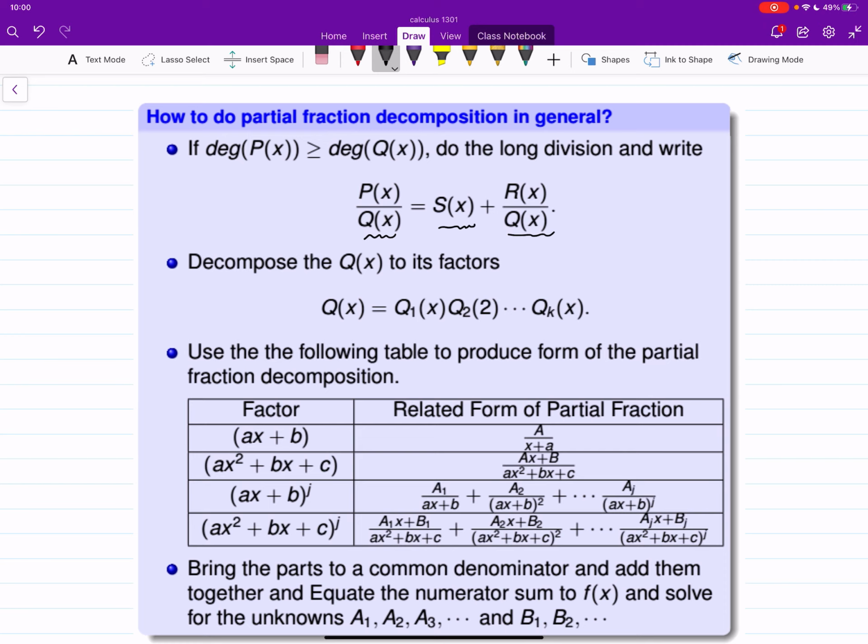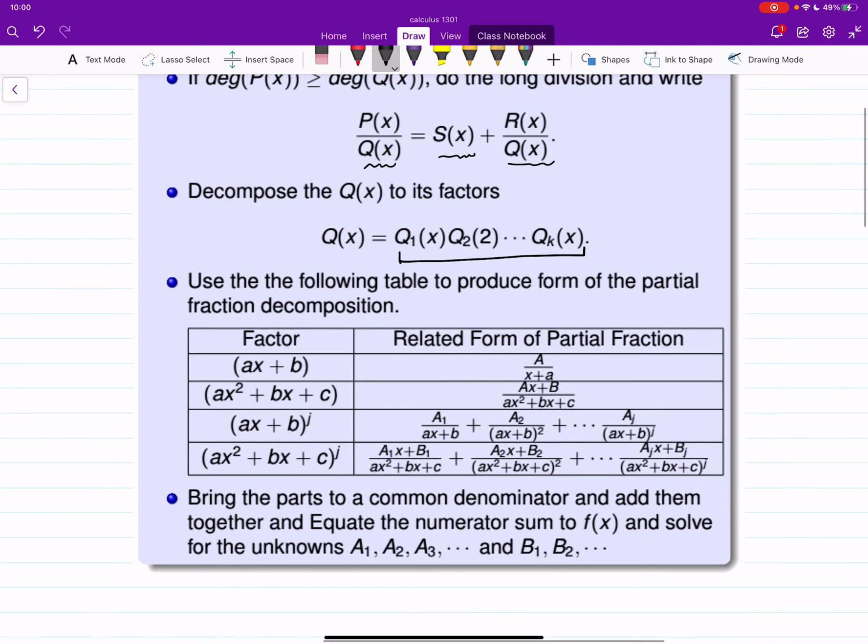Then you decompose the denominator, and for each factor you put sums of some partial fractions. If you have a linear non-repeating factor, you just put one term, so this must be ax plus b, same ax plus b in the numerator constant.